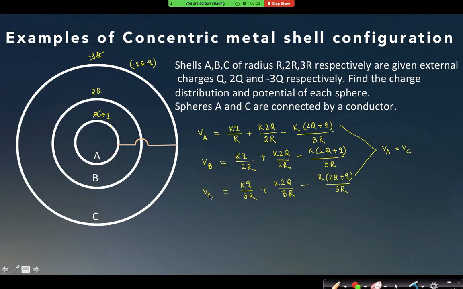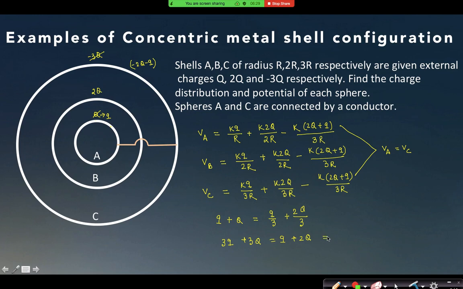Now if you equate VA and VC, then you can see that the third term will definitely get cancelled out. So I can say that q plus capital Q is equal to q by 3 plus 2 capital Q by 3. Right? So 3q plus 3 capital Q is equal to small q plus 2Q.